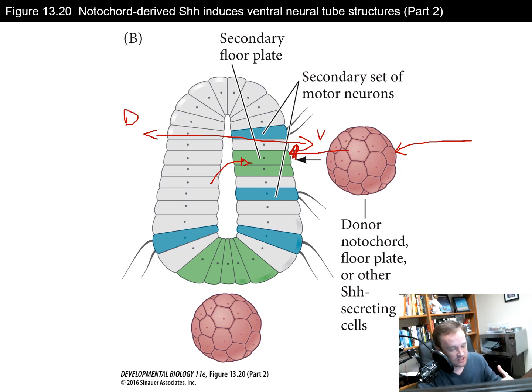And so it's just proof that the notochord is responsible for creating the floor plate and establishing the ventral side of the neural tube.